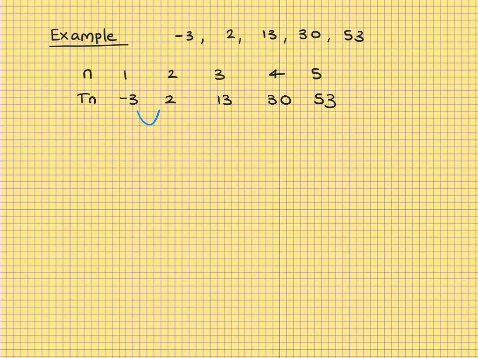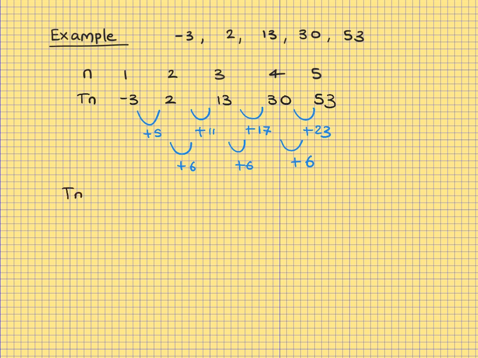So my first layer of differences: plus 5, plus 11, plus 17, plus 23. We can see these are not the same. It's definitely not a linear sequence. My second layer of differences, however, we can see that these are constant. So we know we have a quadratic sequence.